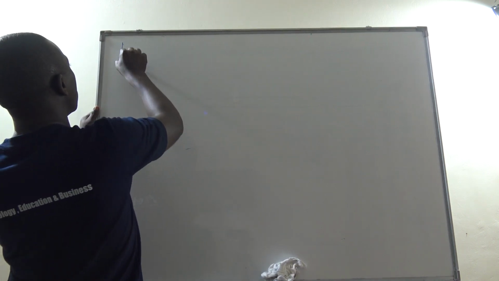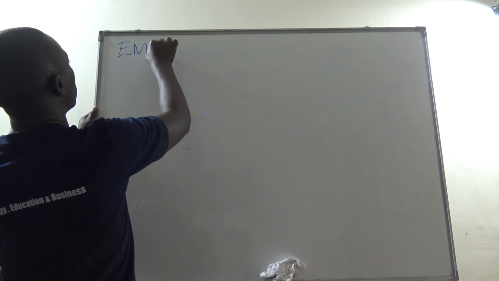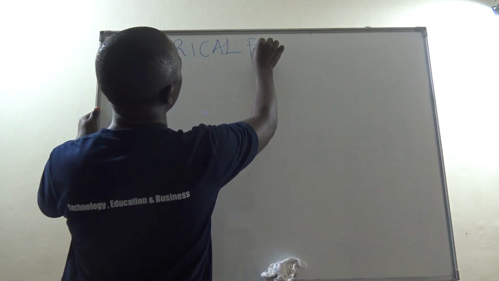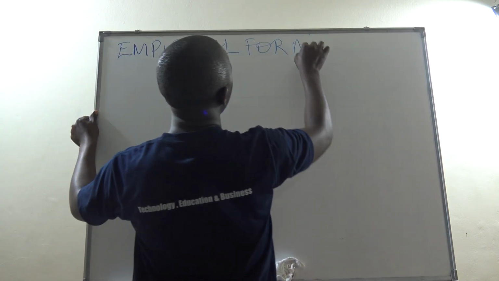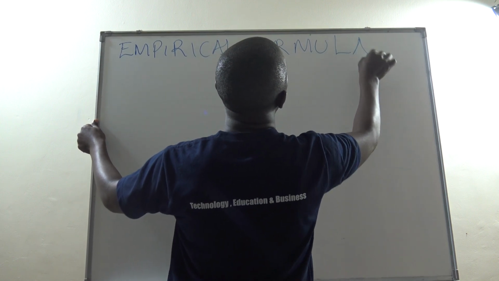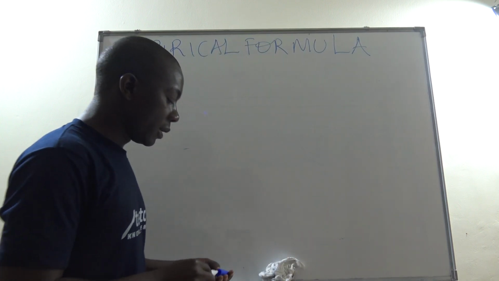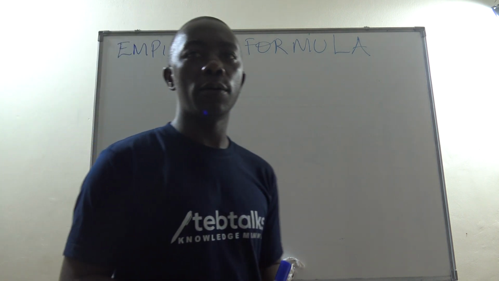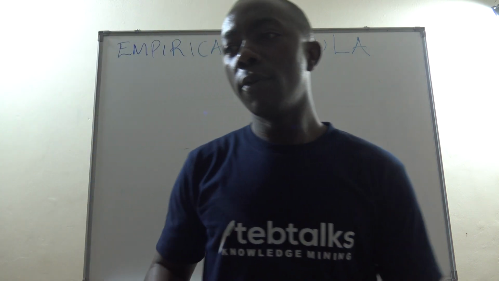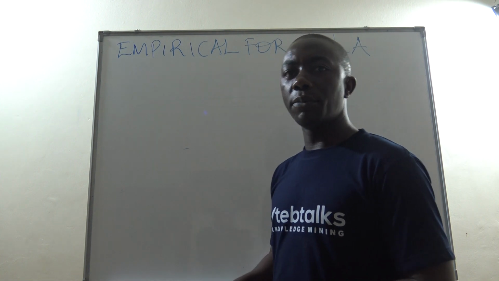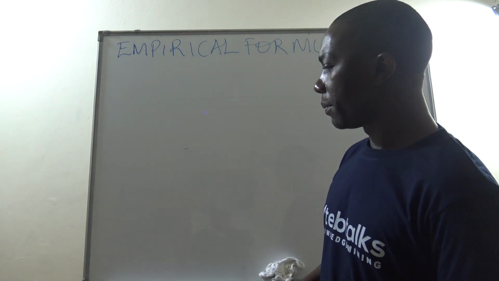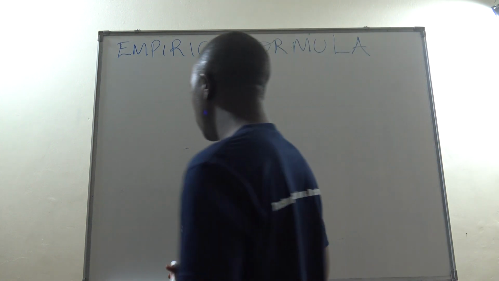How to calculate empirical formula. We normally have a few steps which we should follow for uniformity, so that whichever learner is trying to calculate empirical formula, we need to know a few steps.